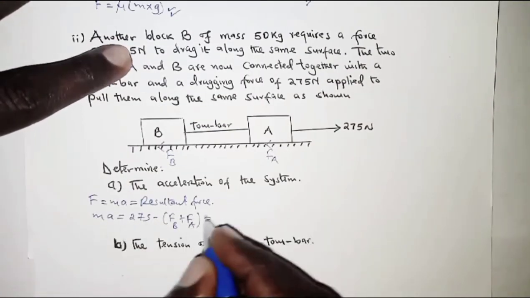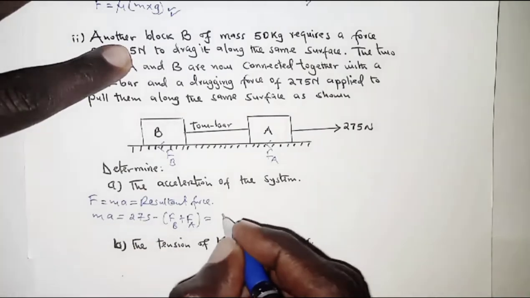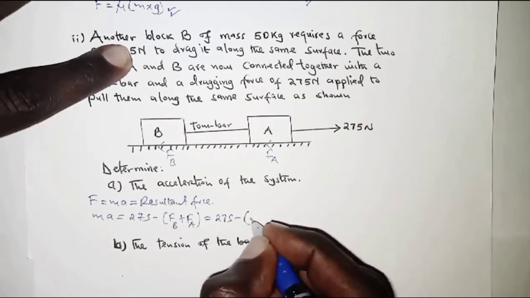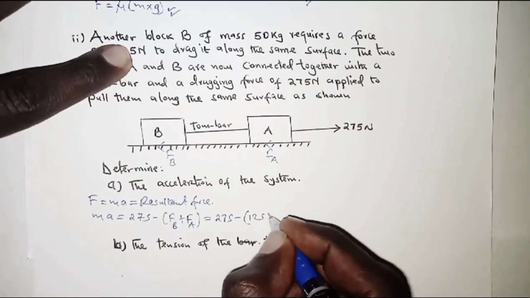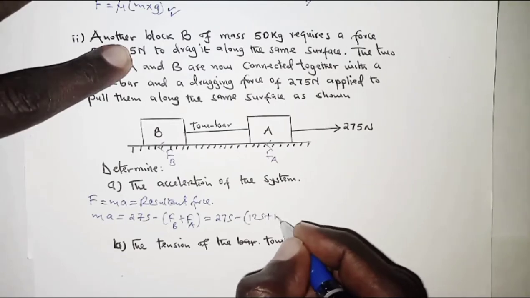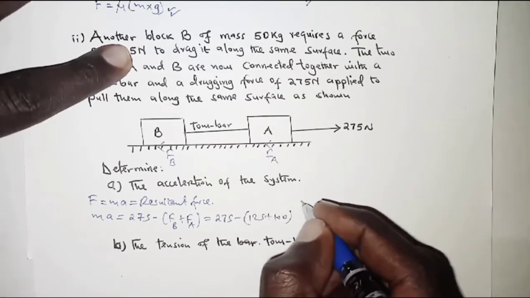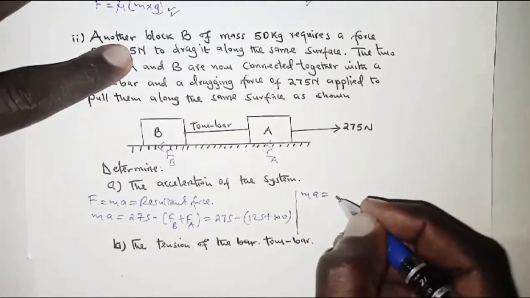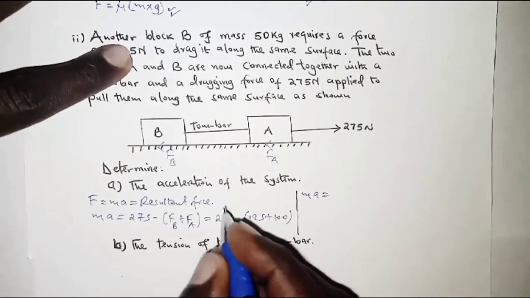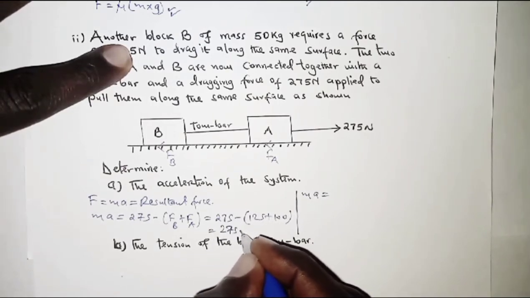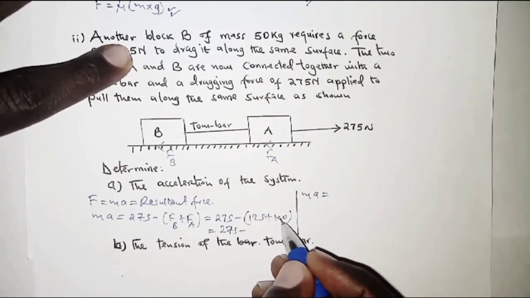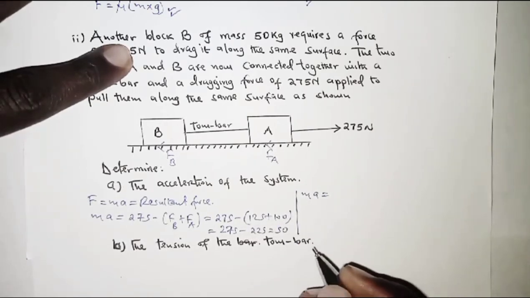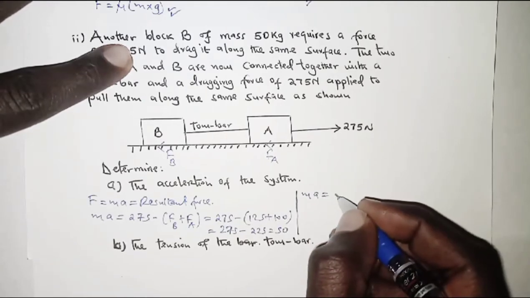So we have mass times acceleration is equivalent to 275 minus the friction on B, which we now know is 125, plus the friction on A, that is 100. So the resultant force ma is equal to 275 minus 225, and that is 50. So mass times acceleration is 50.